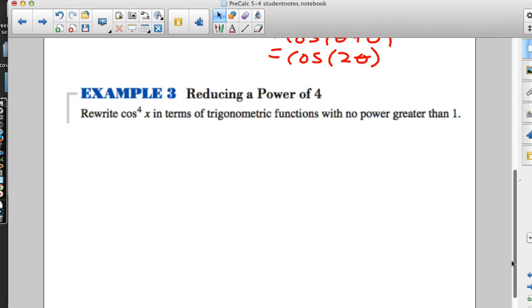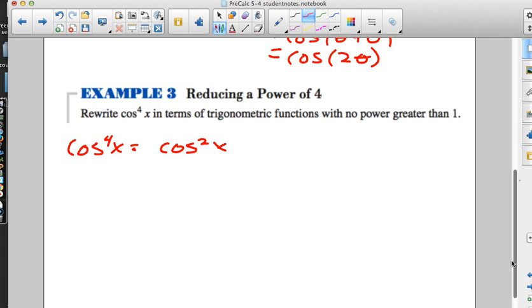How could we rewrite a fourth power as something using squareds? Hey, isn't it squared of a squared would give you fourth power? Is that still fourth power cosine? Good. So we found a way around it.